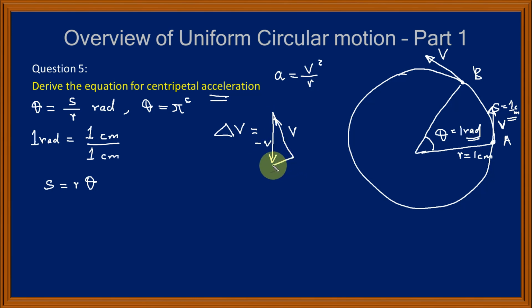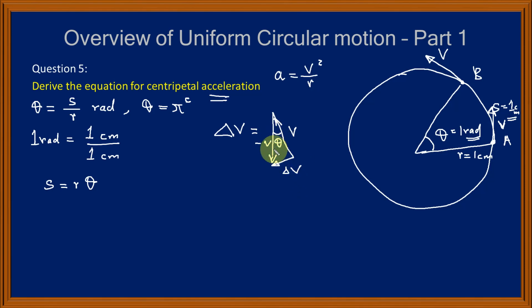And the delta v is here. Delta v. We have just seen this. It's only that I'm using the same symbol v to represent final velocity and initial velocity. But just understand that I want to express a point here. We have just seen that if this angle is theta, then this angle must also be theta.